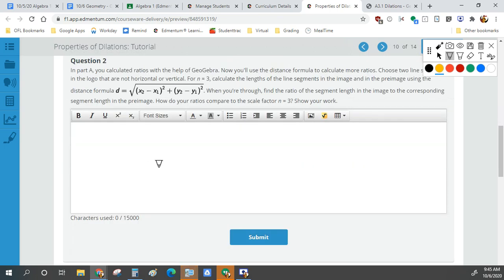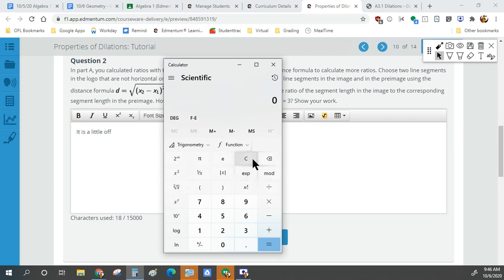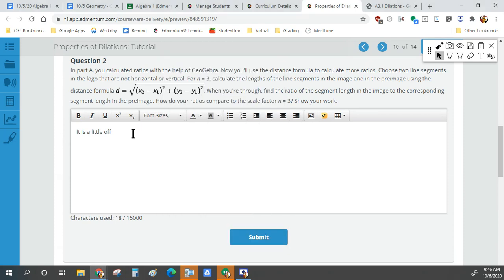So we would show our work like we did there, this whole idea of square root of 3 squared plus 6 squared. And for words, we're going to say it is a little off. And if you guys didn't understand how I did the square root of 45 by factor tree, just do this. Take the square root of 45, you see it's 6.7. It's a little off.